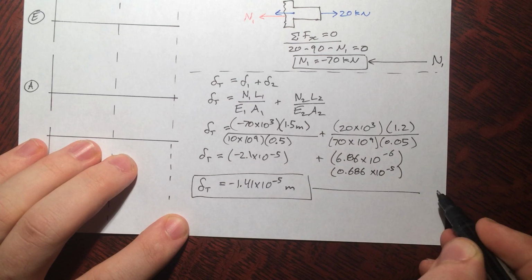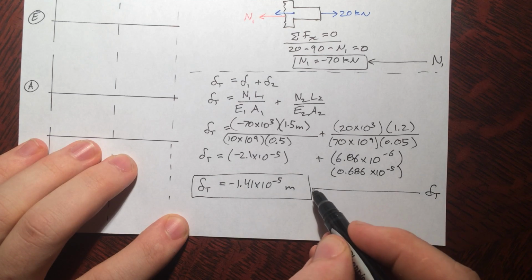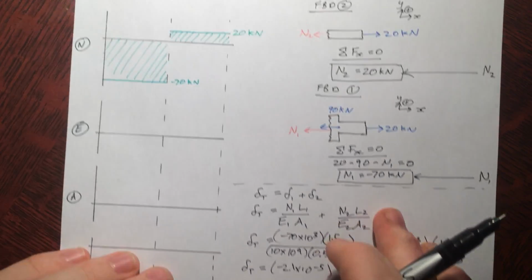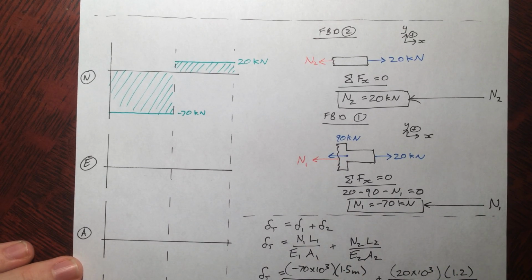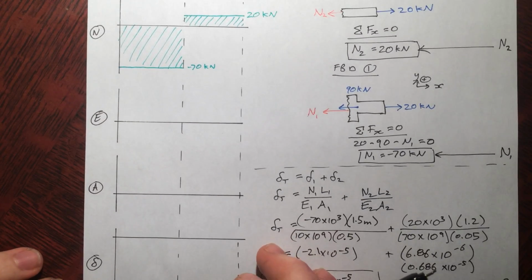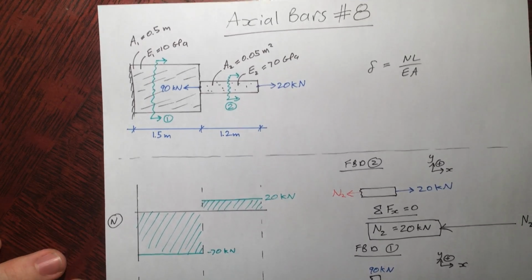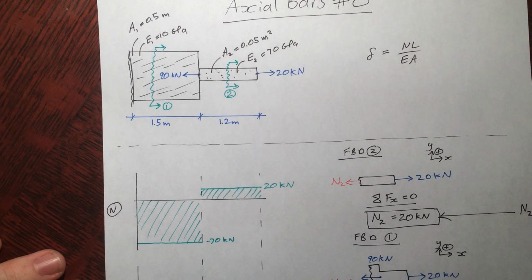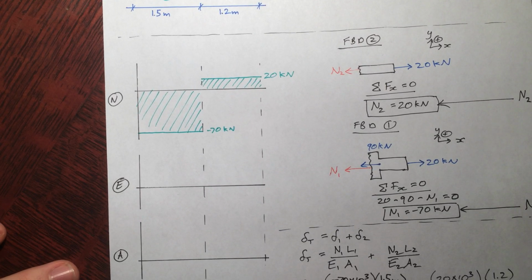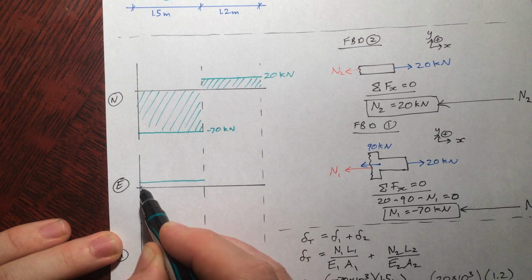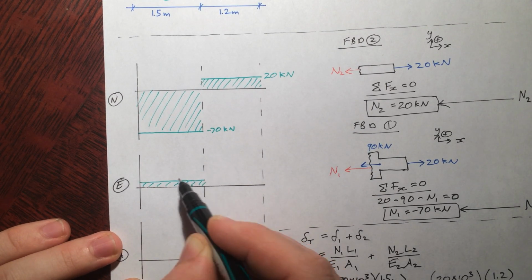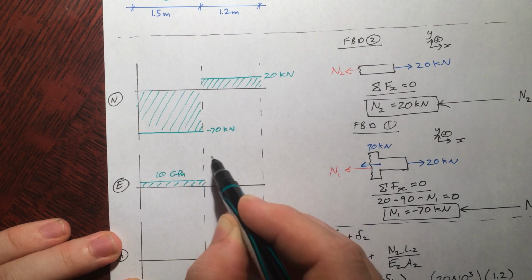All right, now let's plot these. To get an idea of what the elongation will look like, let's quickly plot what the E's are. The E for the first section is 10. The E for the second section is 70. So it goes from 10 up to 70.